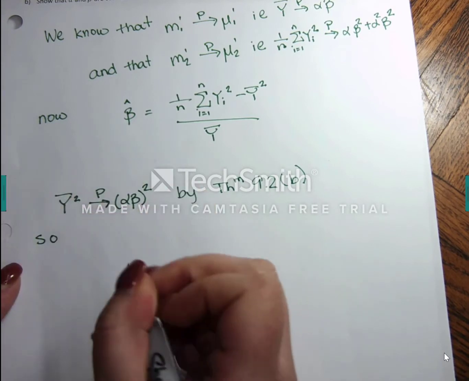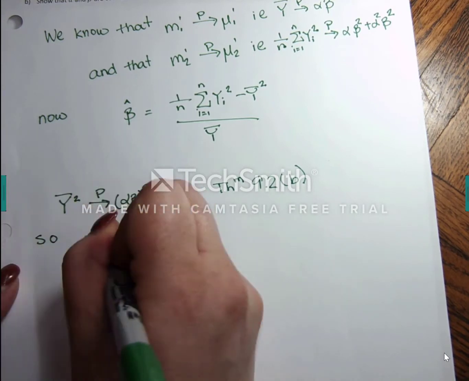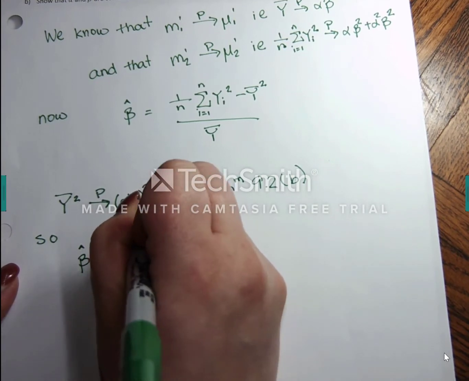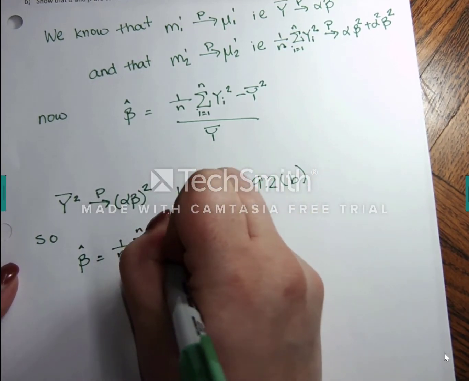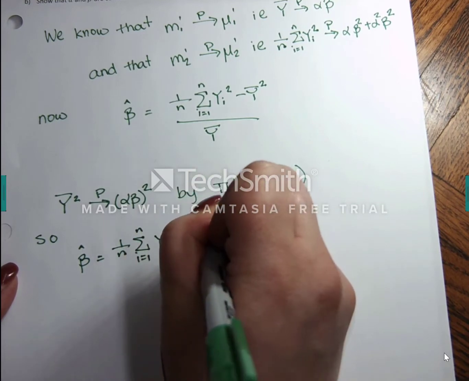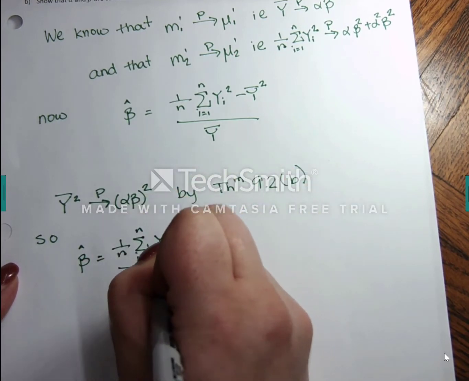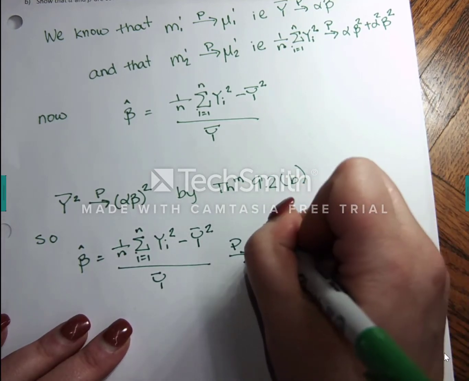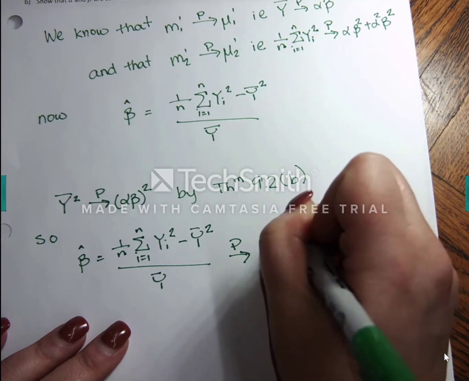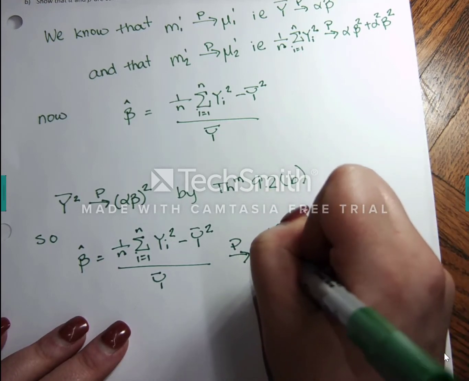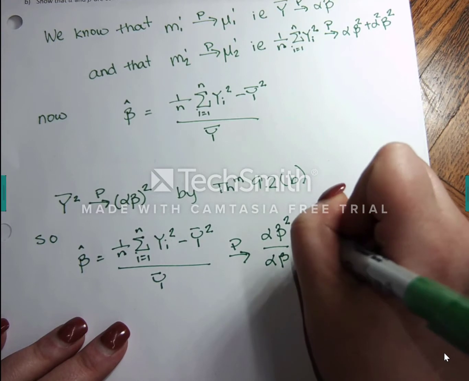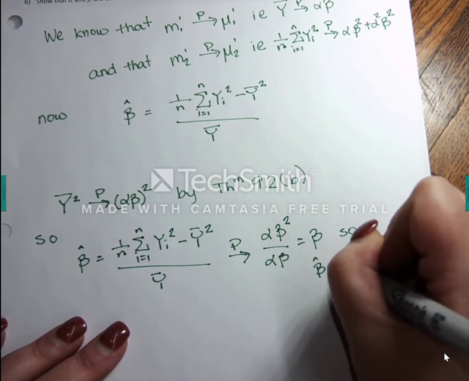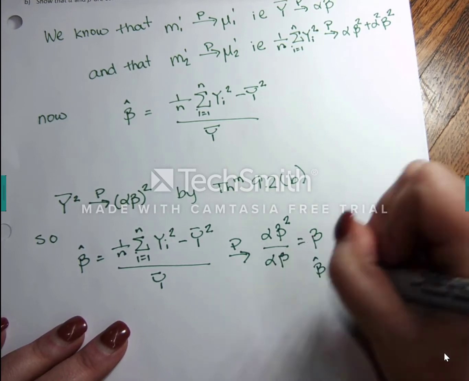So beta hat, which is equal to, again, 1 over n, the sum i equals 1 to n, yi squared minus y bar squared divided by y bar, is going to converge in probability to alpha beta squared over alpha beta, which is equal to beta. So beta hat is a consistent estimator of beta.